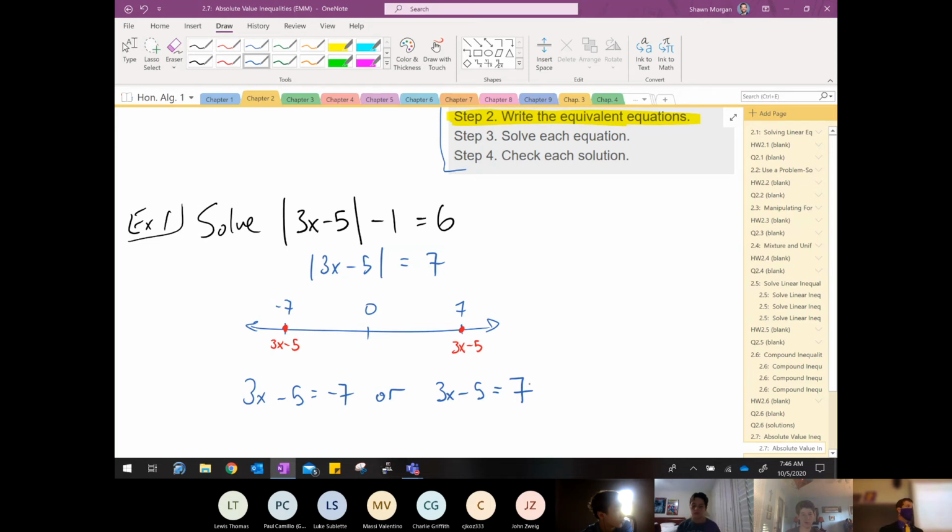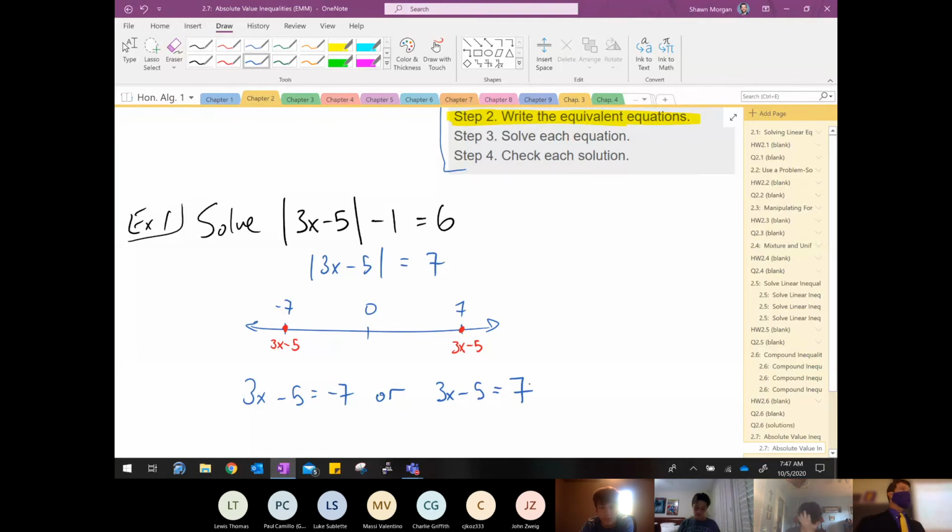All right. Y'all know who Mike Trout is, right? Highest paid professional baseball player. He's just raking in millions of dollars every year. We can't say that Mike Trout has 14 home runs and 17 home runs at the exact same time. It doesn't work that way. So I can't say that 3x minus 5 equals -7 and +7 at the same time.